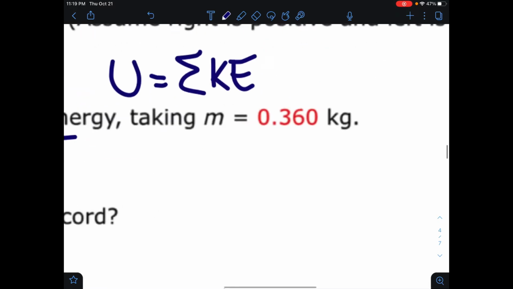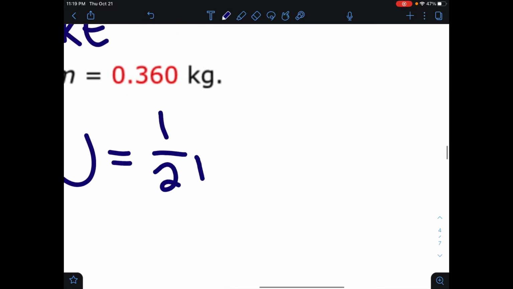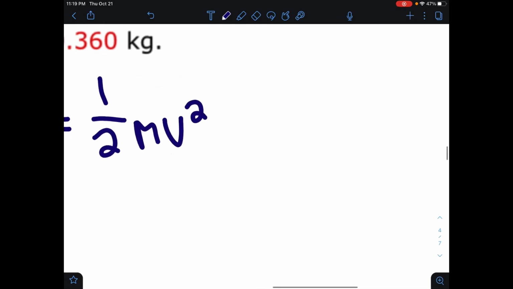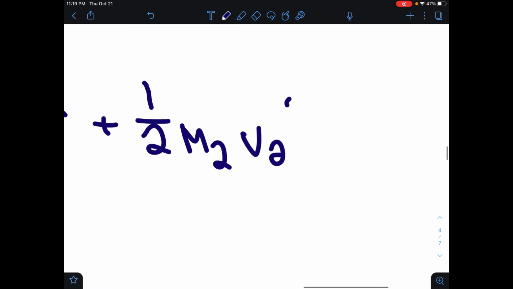So U is equal to, kinetic energy again is 1/2 mv squared, so 1/2 m1 v1 squared plus 1/2 m2 v2 squared. Now I can plug in our values.